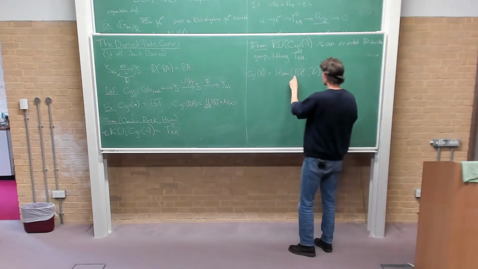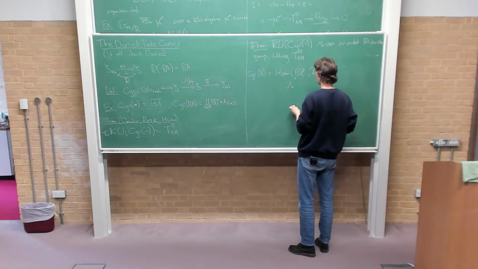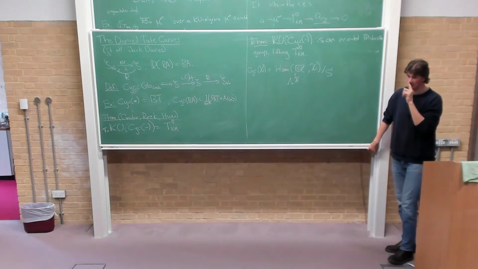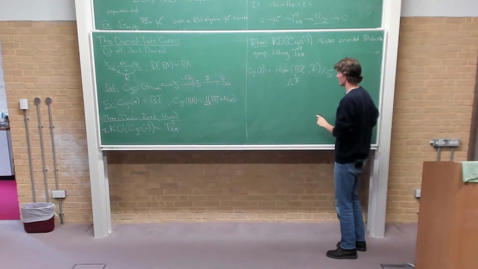So this is what's often called the inertial orbifold. So where is this happening? This is happening, let's say, in topological stacks.